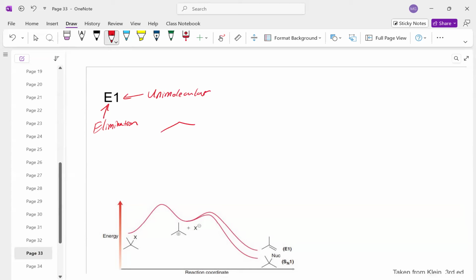So the mechanism for E1 starts off just like SN1, the leaving group leaving. Again, that is the rate determining step. So the leaving group leaves and you get a carbocation.